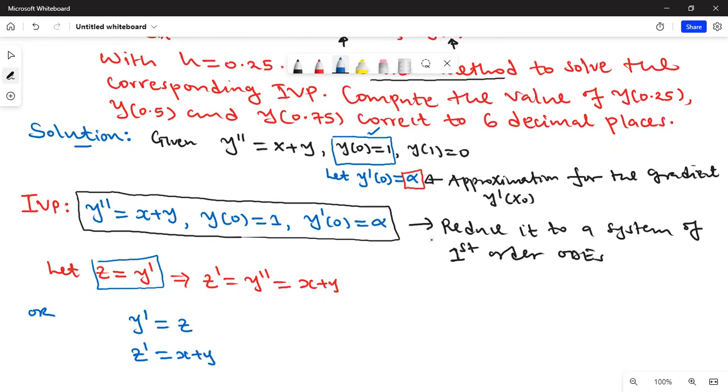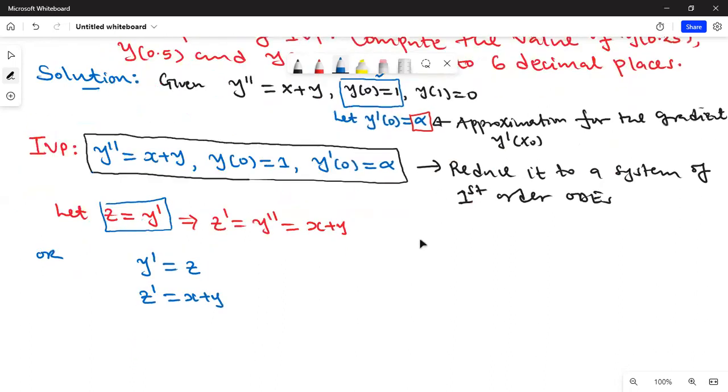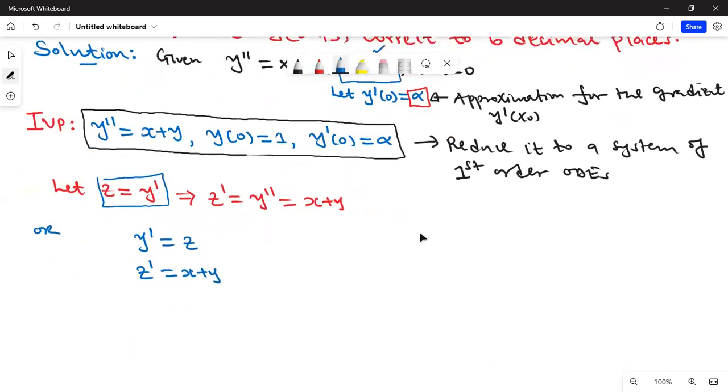So we have reduced our second order ODE to a system of first order ODEs. And what are the initial conditions? For y, when x is 0, y should be equal to 1. What about for z? z when x is 0 is the same as y prime when x is 0, and we have it here. That is the same as alpha.